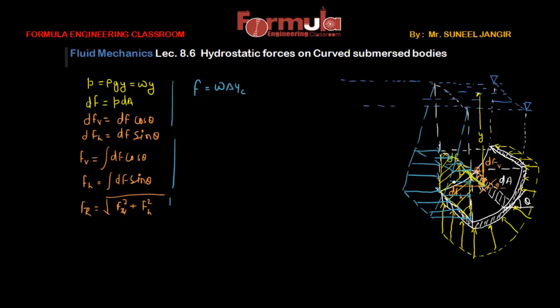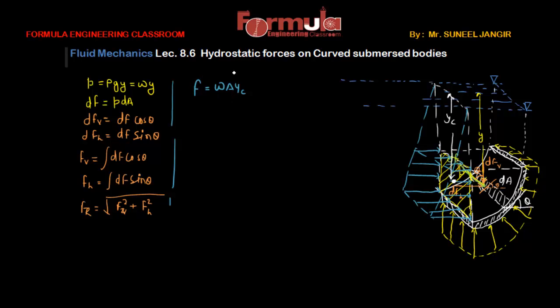Let's suppose around here is the center of gravity, so this is the YC. A is this projected area, and W is the specific weight of this fluid.